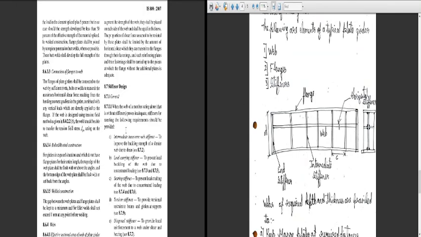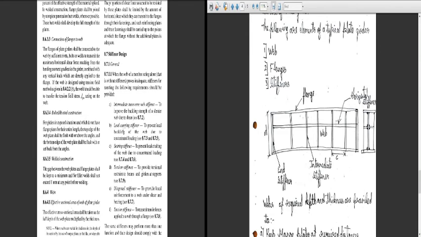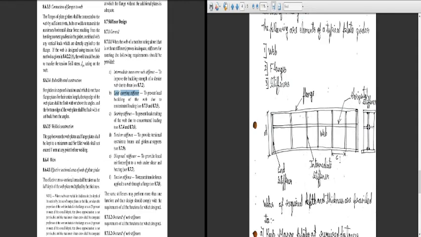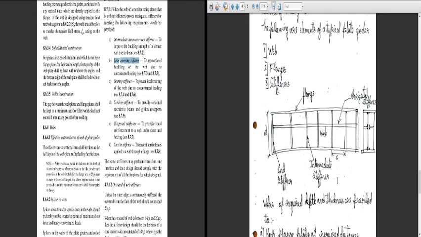In the stiffener design there are six components: intermediate transverse web stiffener as per 8.7.2, load carrying stiffener as per 8.7.3 and 8.7.5, bearing stiffener as per 8.7.4 and 8.7.6, torsion stiffener 8.7.9, diagonal stiffener 8.7.7, tension stiffener 8.7.8.